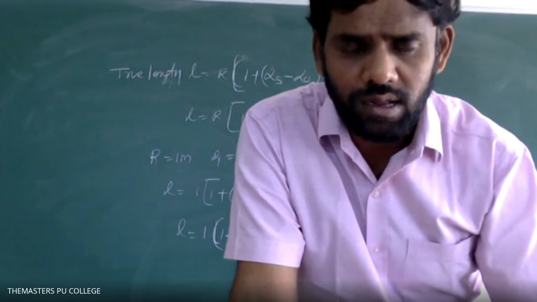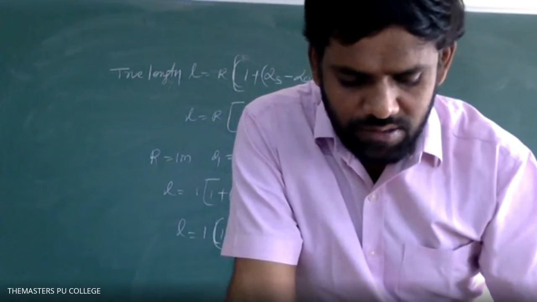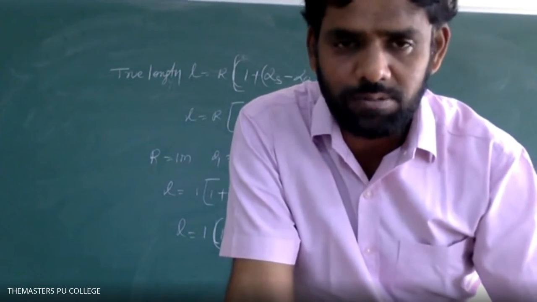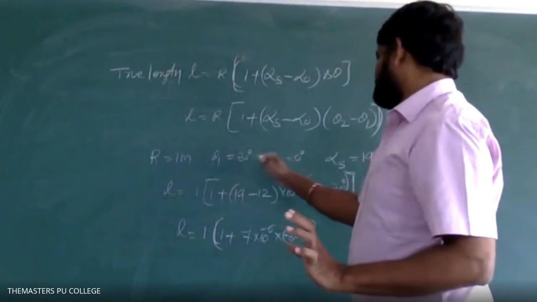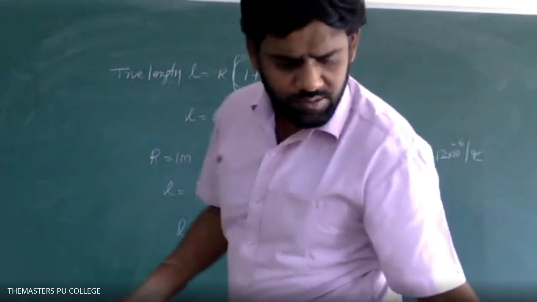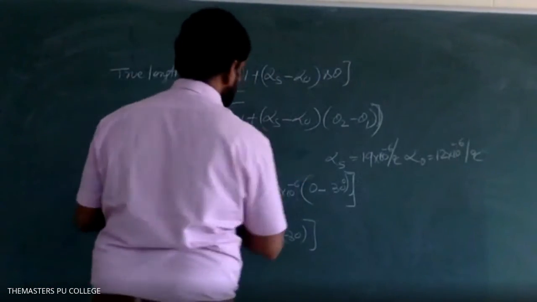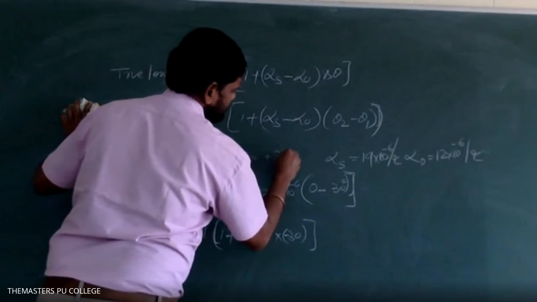Understand this problem, okay? Instead of taking the 0 first, we have considered the 30 first. That's the problem. So delta theta equals plus 30 degrees.